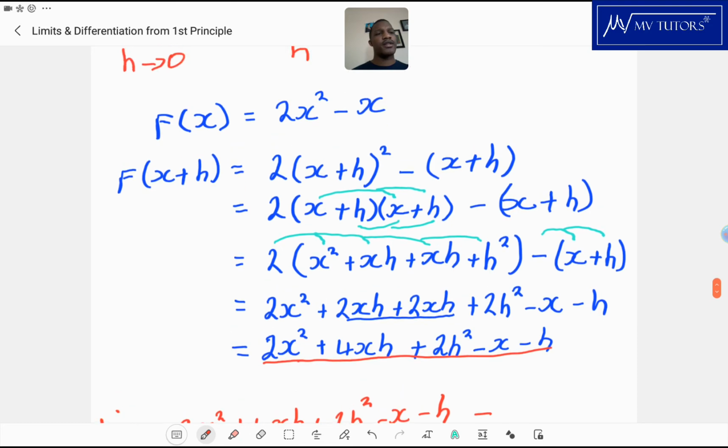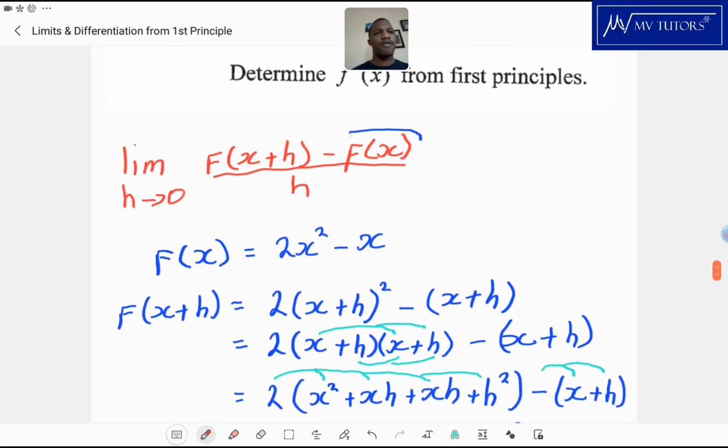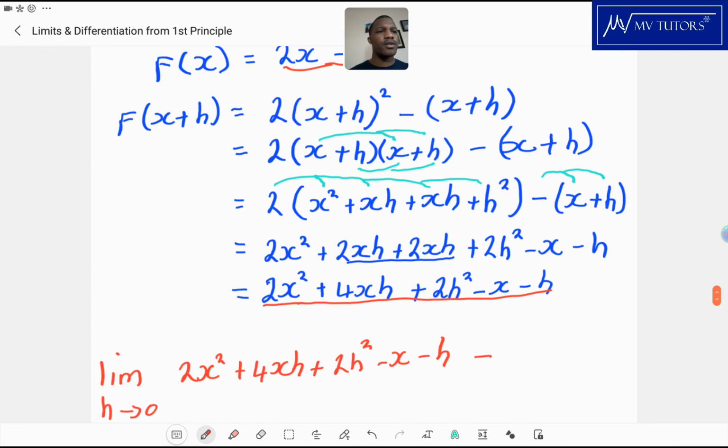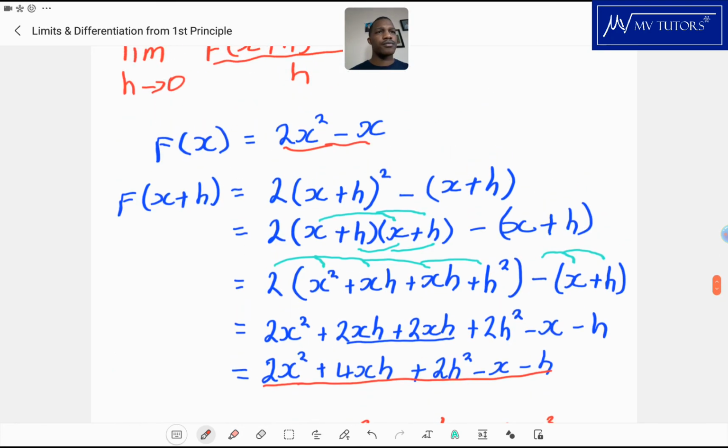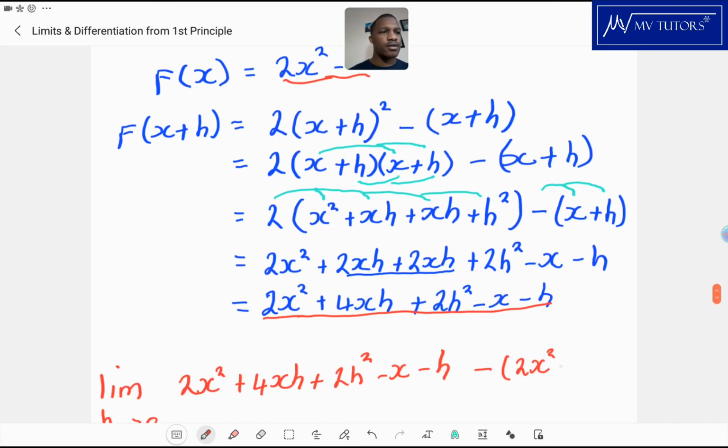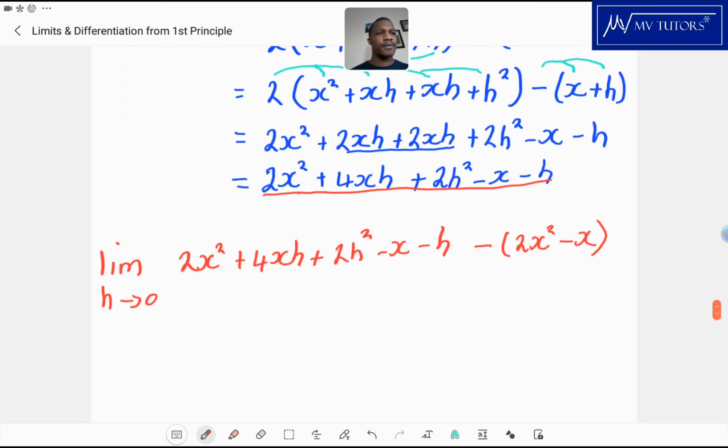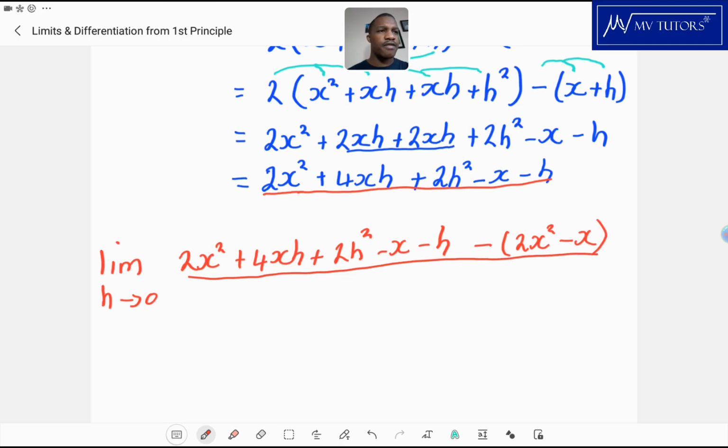Now this minus is the one for f of x. So f of x, we have it there. It's 2x squared minus x. Remember to put it in brackets first. So all of this should be divided by h.